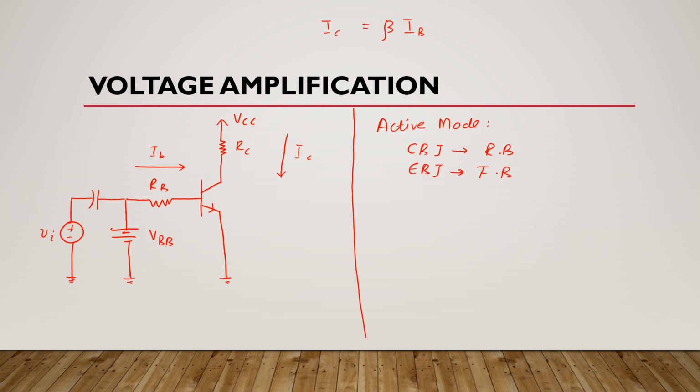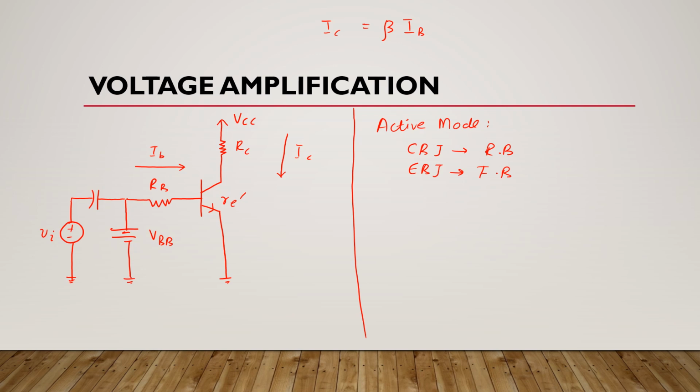This forward biased emitter base junction presents a very low resistance to the AC signal, and this internal AC emitter resistance is written like this. It appears in series with this RB.